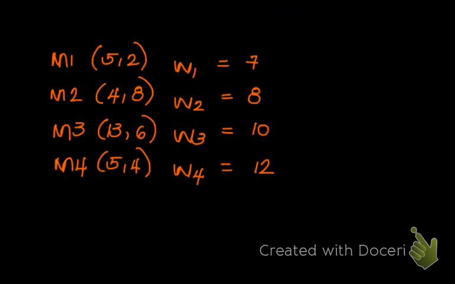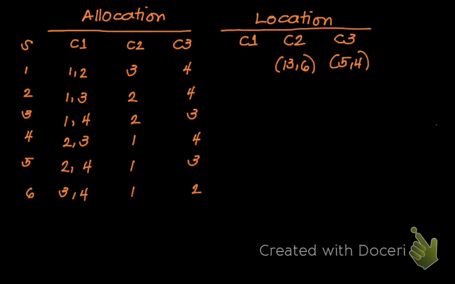Then, machines 2 and 4, so we have (4, 8) and (5, 4). Then, another machine 2, which will be at (4, 8).